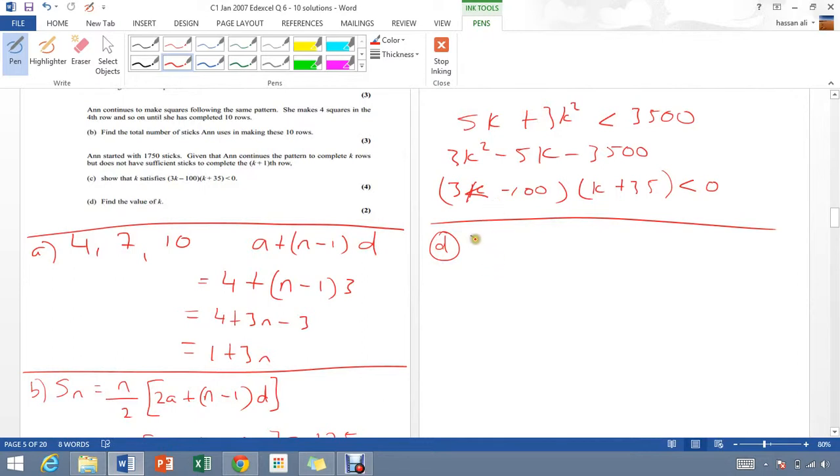Right, so we have 2 brackets, so therefore k will equal 100 over 3, or k plus 35 equals 0.